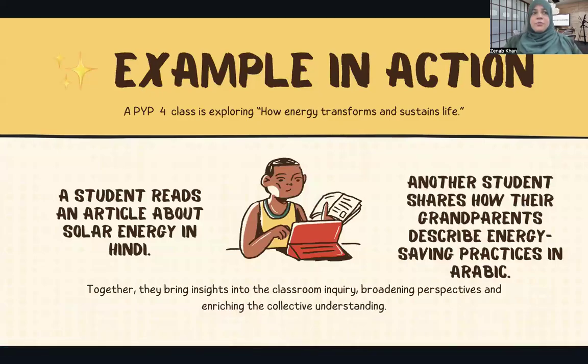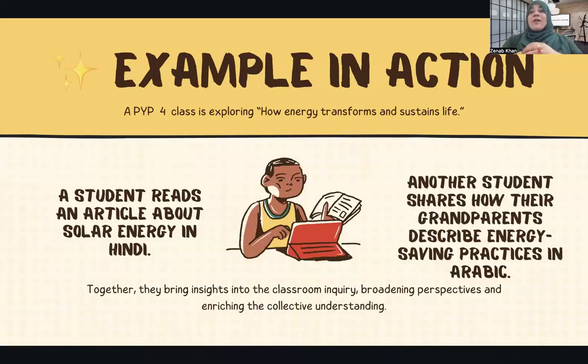This is a scenario of PYP for a class exploring how energy transforms and sustains life. A student reads an article about solar energy in Hindi. Another student shares how his grandparents describe energy saving practices in Arabic or French. A third student shares his research in another language. Together, they bring insight into the classroom inquiry, broadening perspectives and enriching the collective understanding.